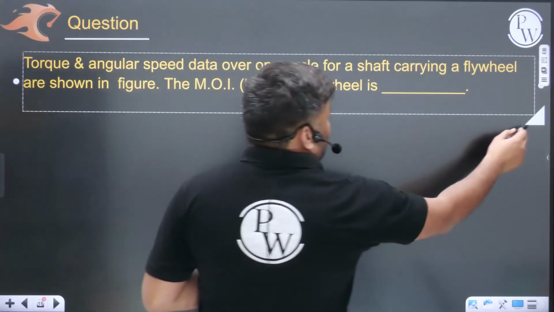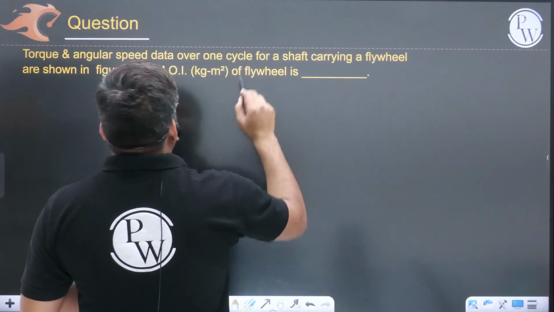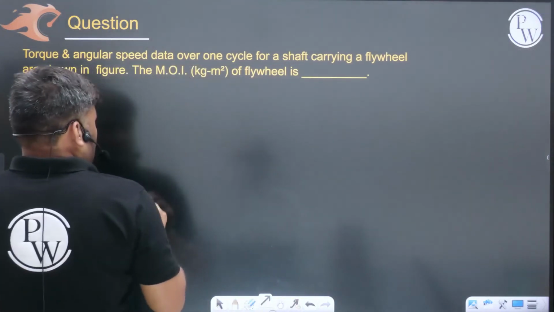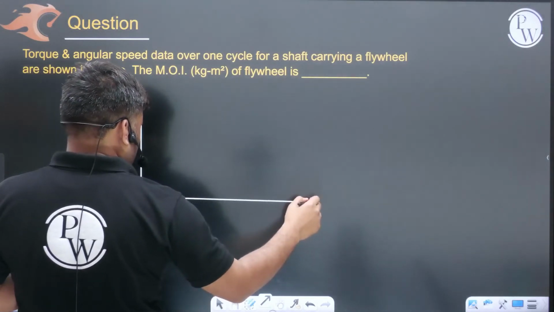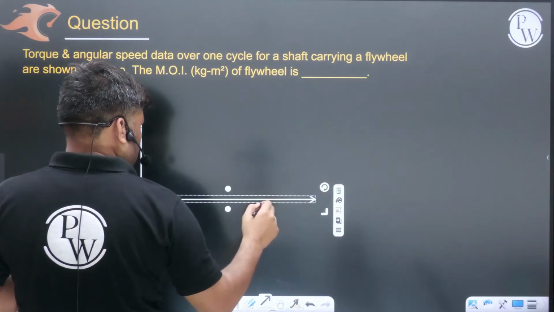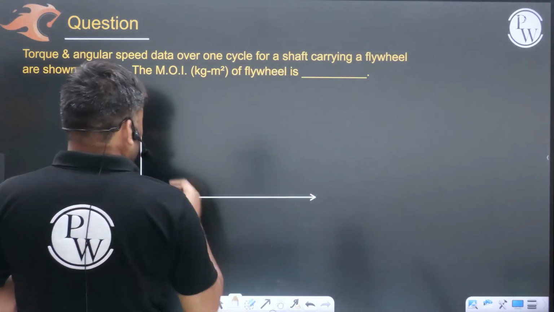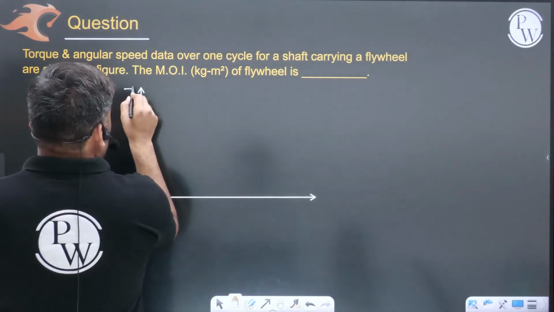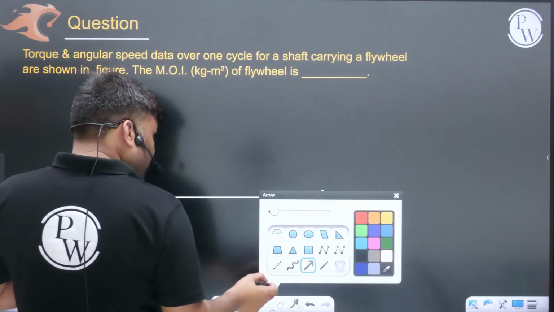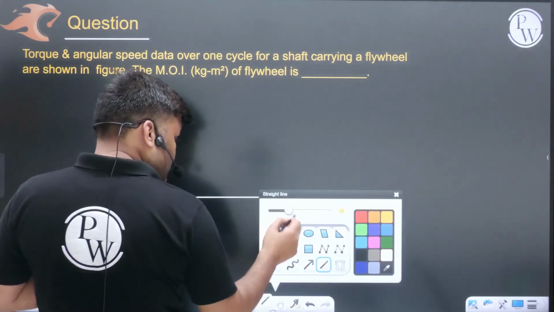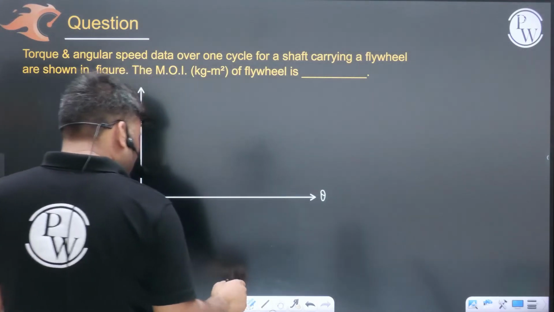थोड़ा सा let's make it small a little bit. This is how torque is going to vary with respect to theta. That variation they have given. Let me draw a freehand sketch.